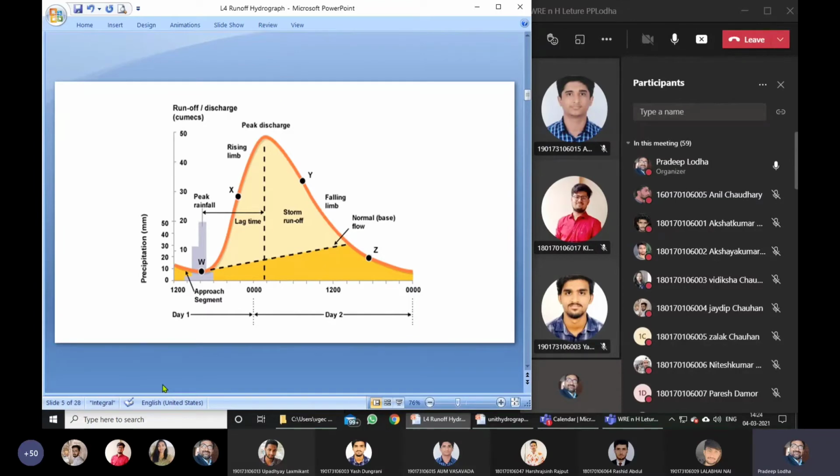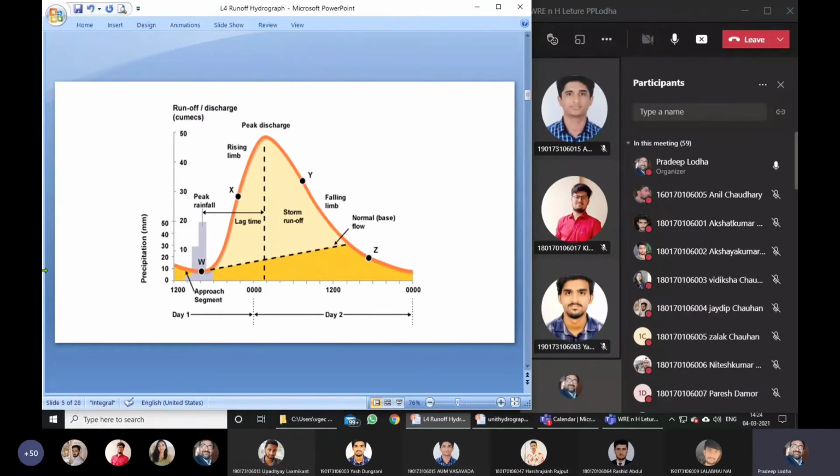That unit hydrograph is always characterizing the catchment, characterizing the watershed, or that characterizes the drainage system. Why I say the characterization, that we'll see later, because that represents and can be used further for analysis, engineering analysis.